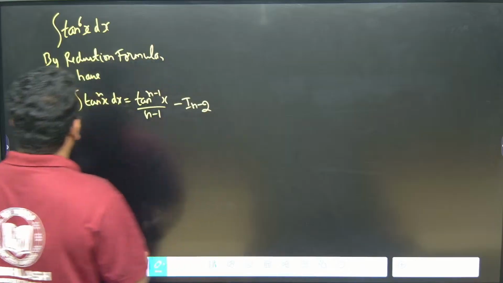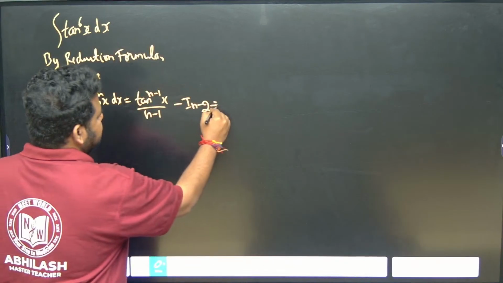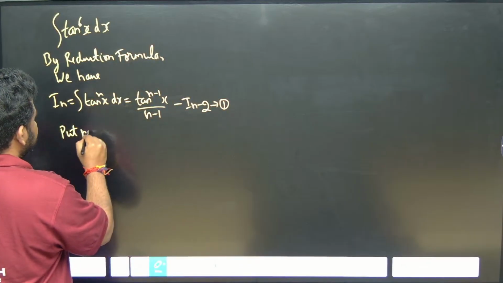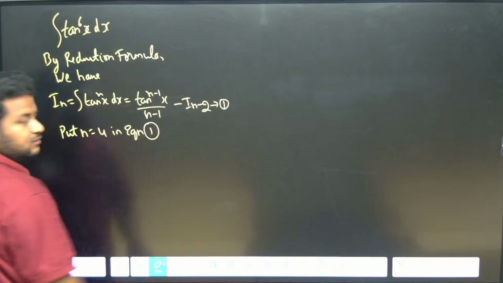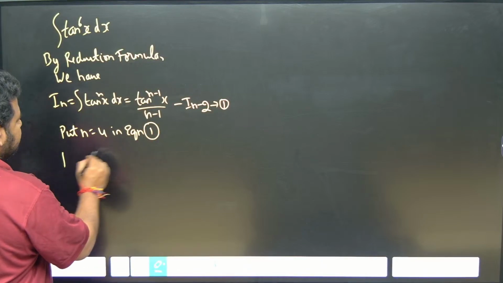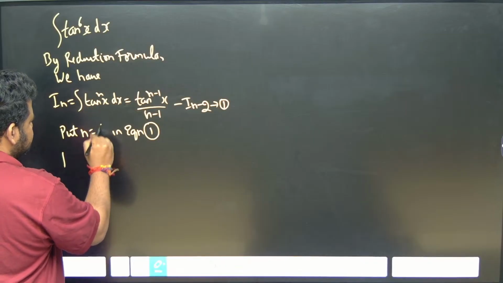This is what we have. Let us write this as equation 1. Put n is equal to 6 in equation 1.